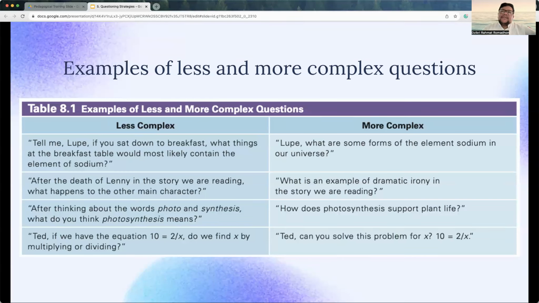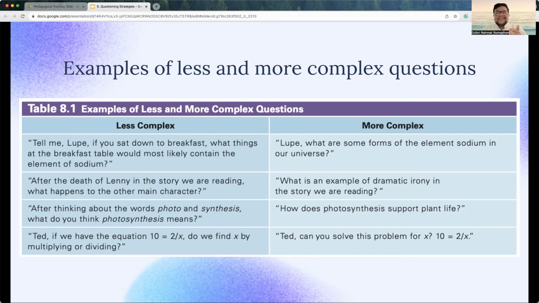And then, for the type of questions you give, bear in mind that your question can be a less complex question or a more complex question. For a less complex question, the student can formulate the answer in a short amount of time with some facts and knowledge that they know.